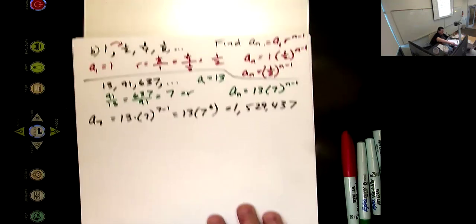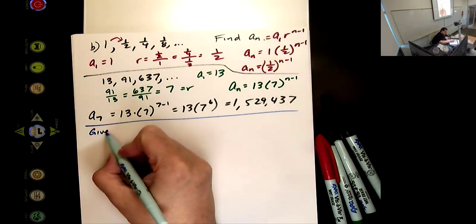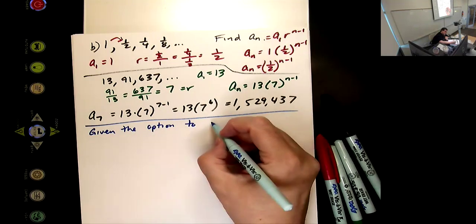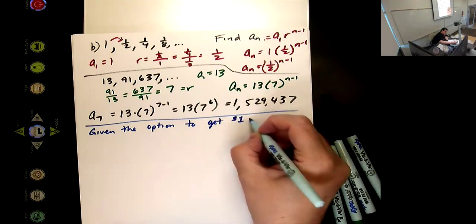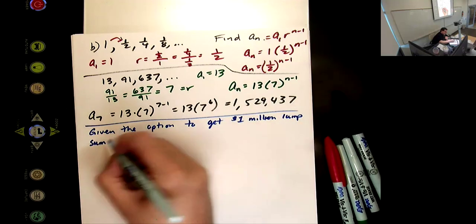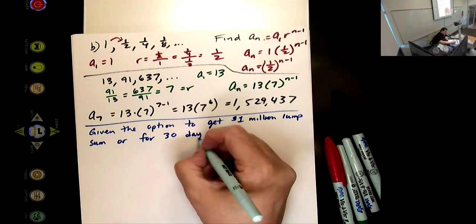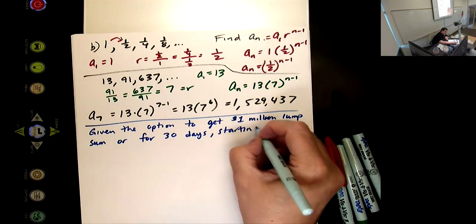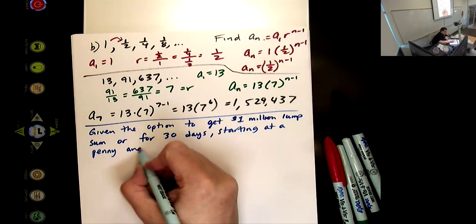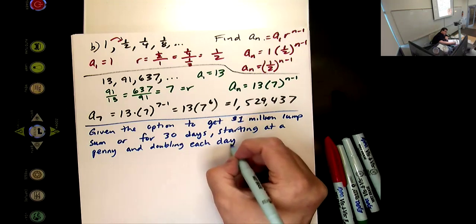You're given the option to have $1 million lump sum, that's the real deal, or for 30 days, starting at a penny and doubling each day. Which do you pick?